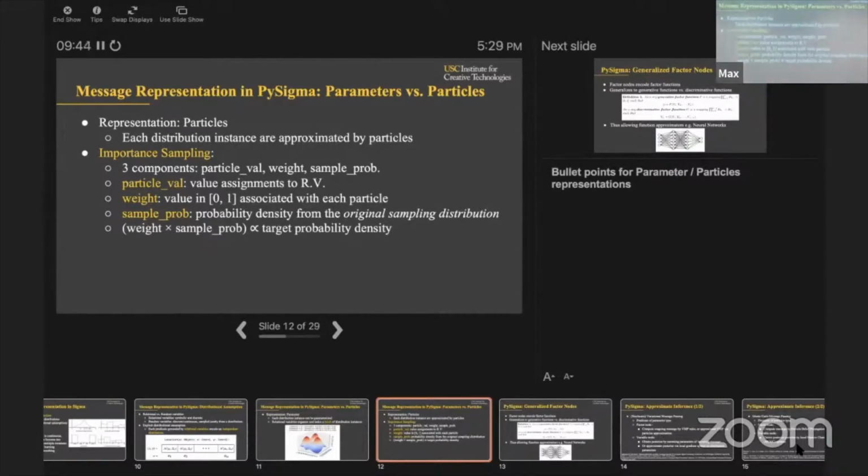It's the probability density of the particles from the original sampling distribution. Why do we need this here? The idea is that with all these three components, we are able to perform an important technique called importance sampling. When two messages are summed up in the factor graph, what it's doing under the hood is importance sampling. One message may borrow the particles from another message and reweight its weight vector.